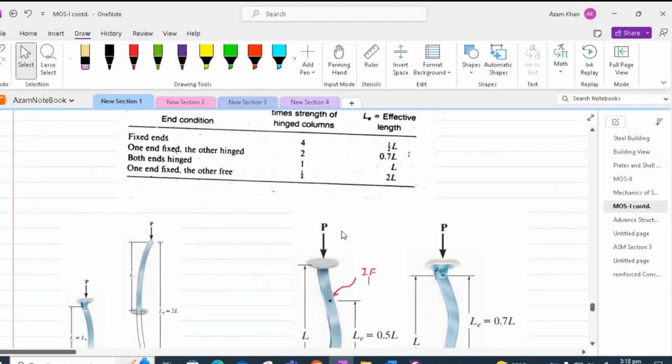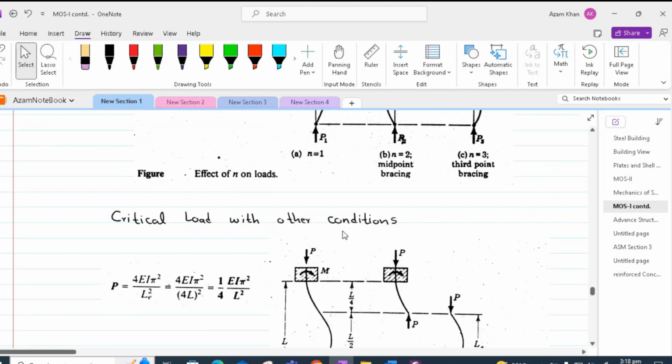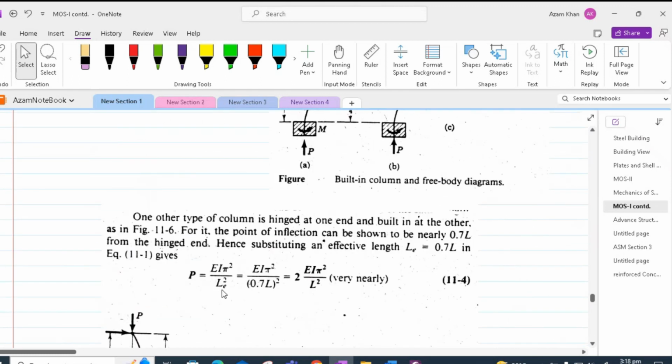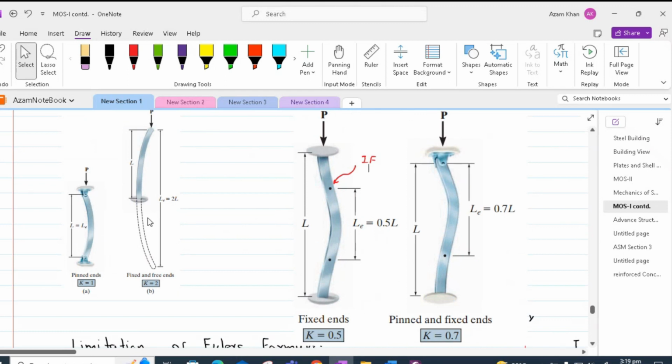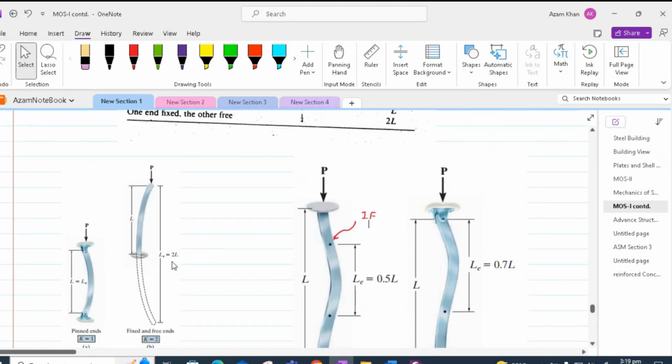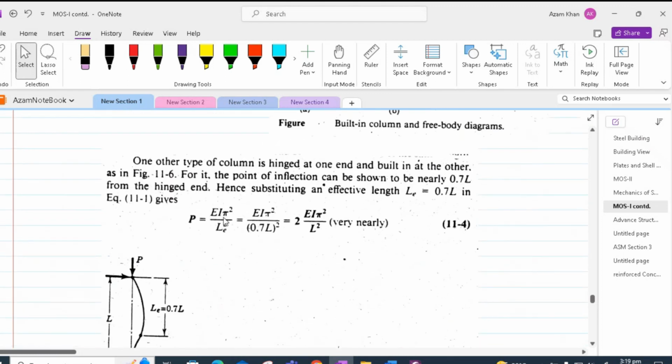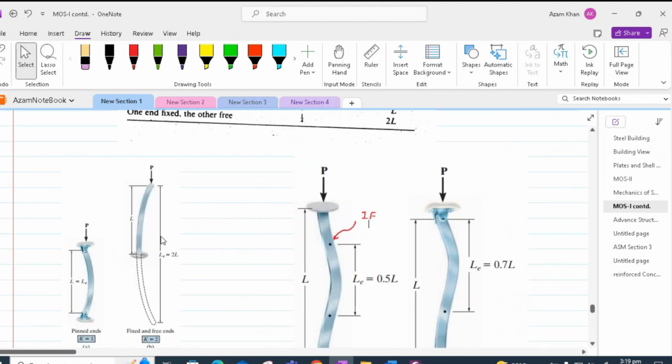Now, as we know, the Euler formula which we developed earlier is for columns having pinned ends. In other words, the effective length for the pinned column is L. In the case of other end conditions, such as one end free and another end fixed, we can put effective length equal to 2L in our Euler equation and get the critical load.